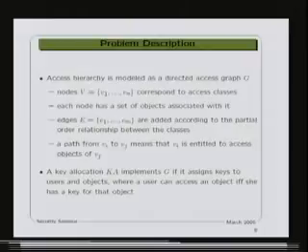So you have to follow this path to get access to the node that I need to access. And so we say that a key allocation implements a particular access graph G, if it assigns keys to both users and objects in such a way that a user can access an object if and only if that user has a decryption key for that object.